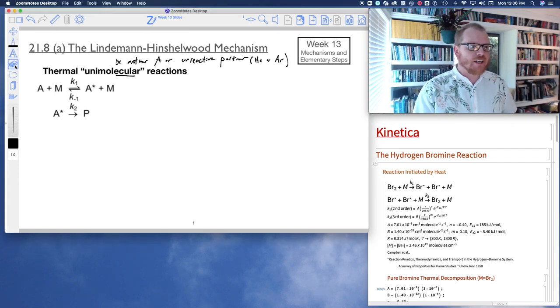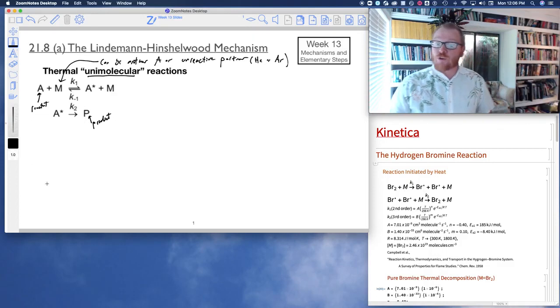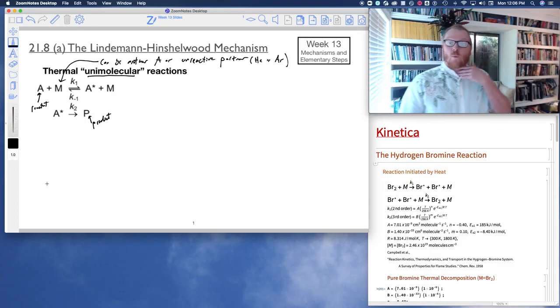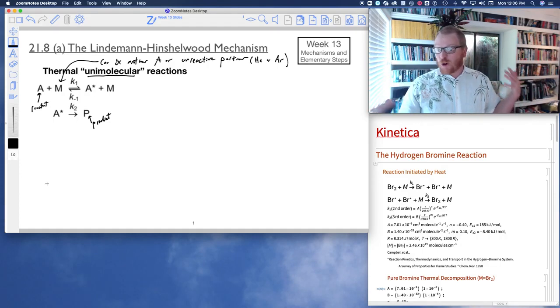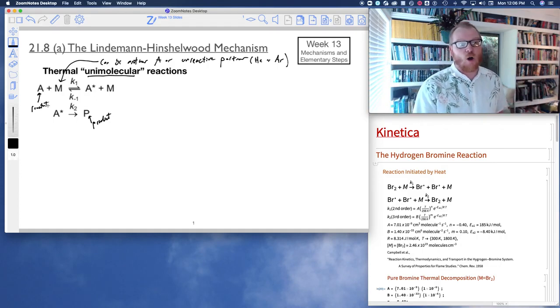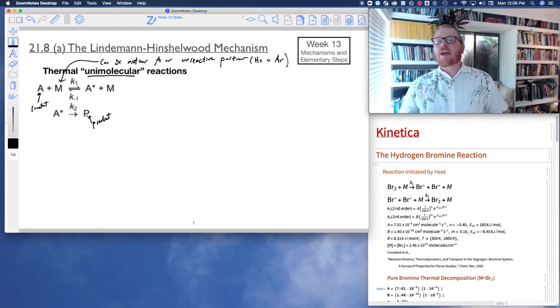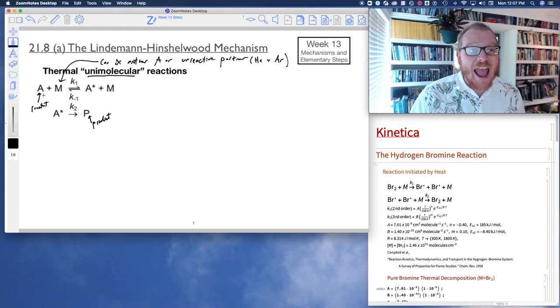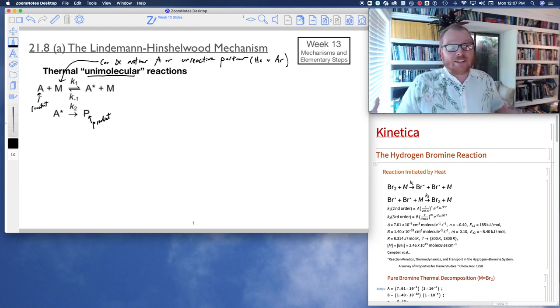I'm going to get rid of this to leave myself more room. What I want to derive now is why in some cases this thermal decomposition occurs. If you think about this mechanism, A undergoes decomposition into product P. Well, why would A just react on its own?